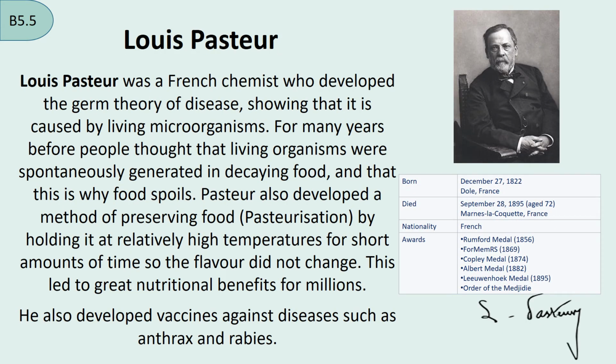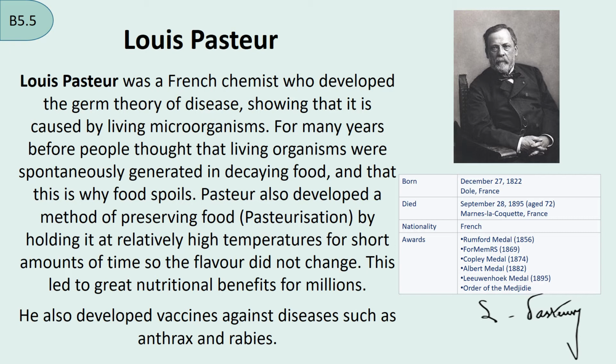And now we've got Louis Pasteur. Bonjour, Louis Pasteur. So he, like I said before, was the first one to come up with the idea of living organisms that we couldn't see, in germ theory, and he did that with his famous swan-necked flask. People thought that food just went off spontaneously, and he developed the idea of preserving food by pasteurisation.